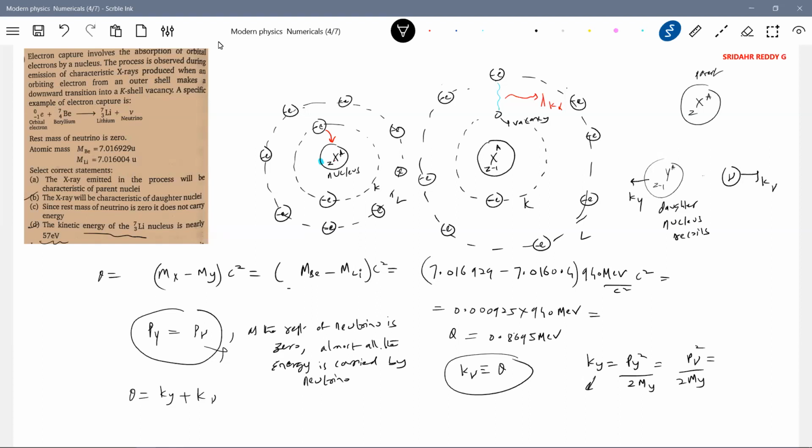Conservation of momentum, okay, the rest mass. Can we find out physically? Neutrino, we know kinetic energy of the neutrino. From the kinetic energy, can we calculate its momentum? Not possible, no?